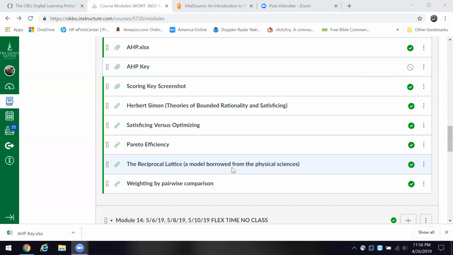And so I give you a chance to have that experience of working on your own, of having to control your own time. And so those are some of the things embedded in this course. But again, we use that lattice model. It's one that's borrowed from the physical sciences, and you should go take a look at it. Okay?